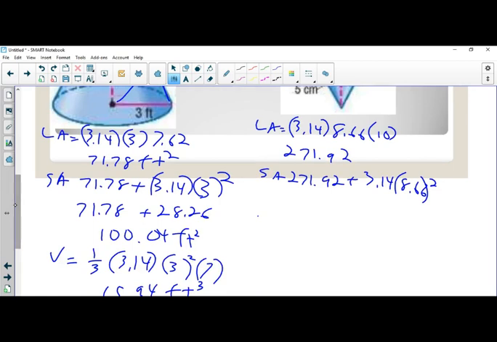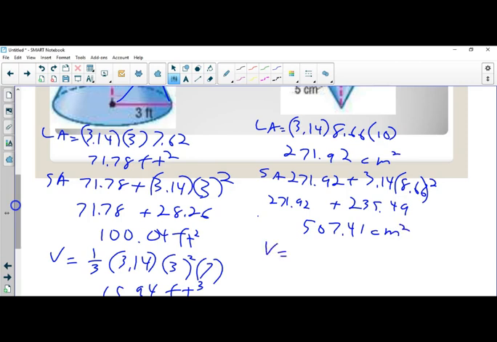So we do the squaring first, times 3.14, and that's 235.49, plus the 271.92 is 507.41. And again, oh, forgot the label, so that's centimeters squared on both of them, those are areas.